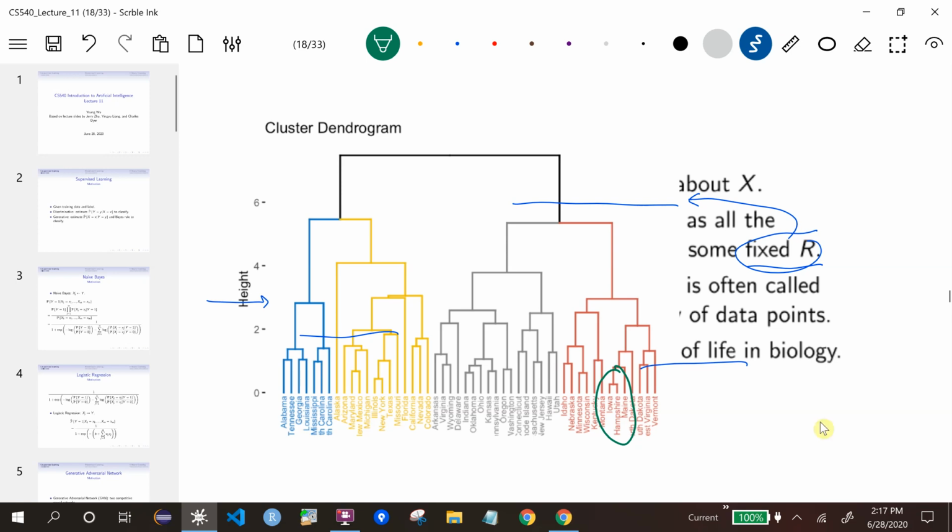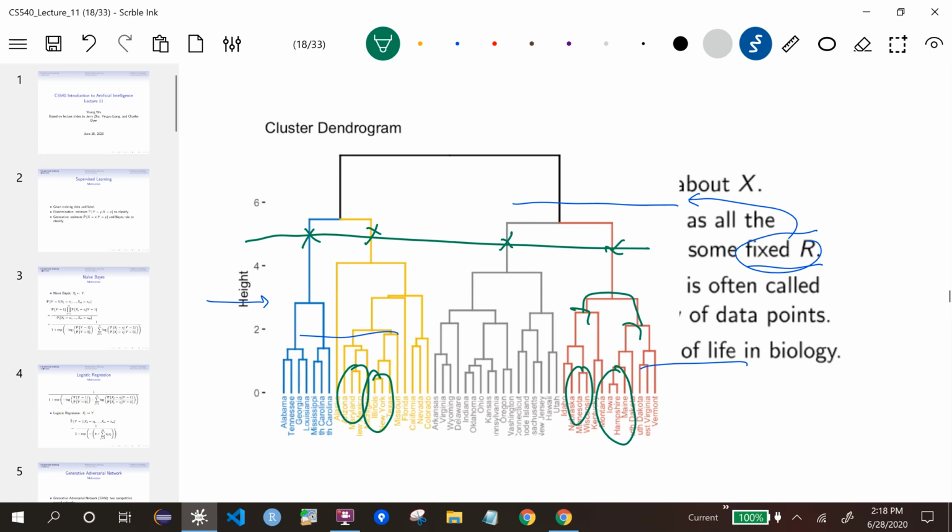And then next, we put these two together. And next, I don't know which one is a bit higher, maybe this one, maybe this one. But then at some point, we're combining two clusters into one. And if we want, say, 4 clusters, we can just cut it off at this point. Then we have 1, 2, 3, and 4 different clusters.